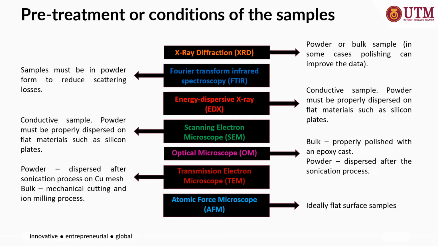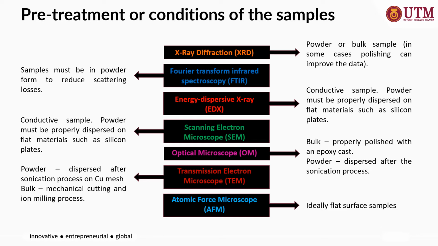So this will improve the results of the EDX results. For the scanning electron microscope, the sample must be conductive, which is similar to the EDX. For example, if you have a powder sample, the powder sample must be properly dispersed on the flat materials such as silicon plate. You can disperse the powder using the ultrasonication.